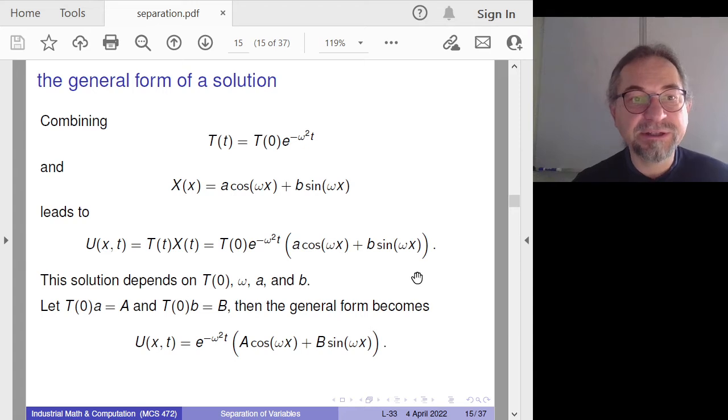We also have the initial value for T, which at t equals 0 you could say is the initial amplitude. But we can pull the T naught into the constant, so we reduce the number of constants to three: capital A, capital B, and omega.